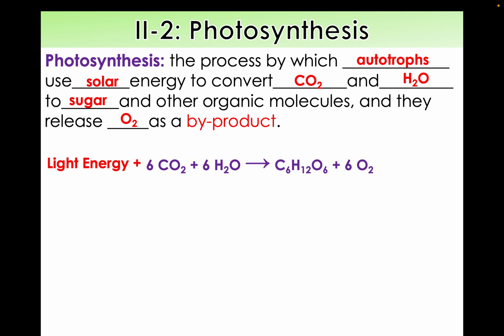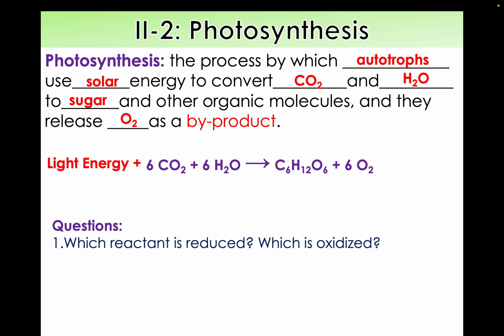If you notice, the products are actually the reactants of cellular respiration, and the reactants here are the products of cellular respiration. So these two reactions are coupled together. The difference is there's not ATP here, it's light energy.